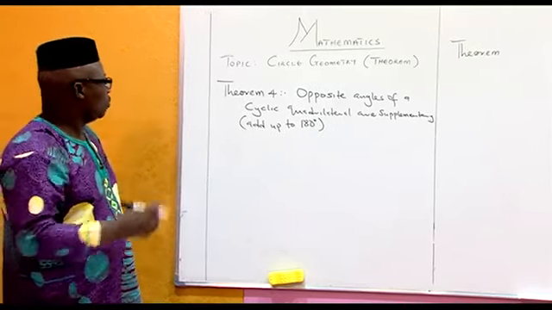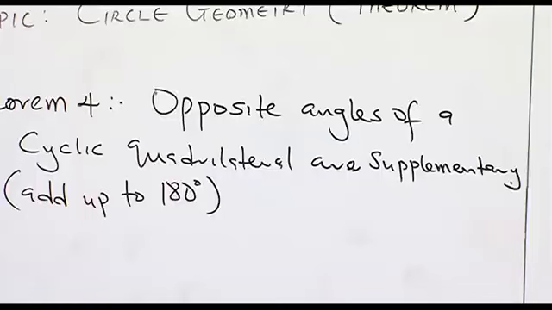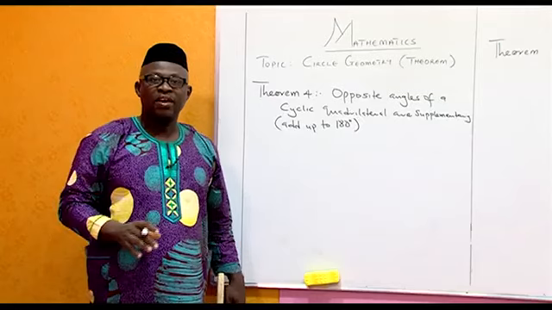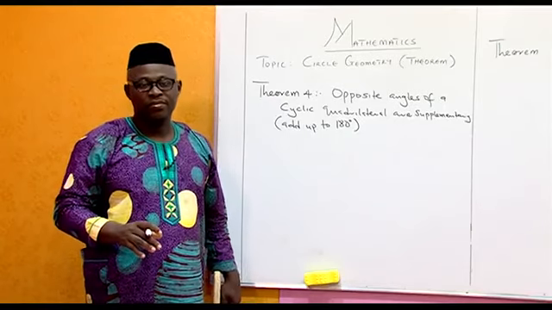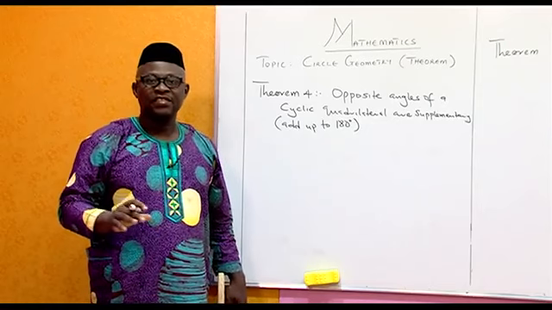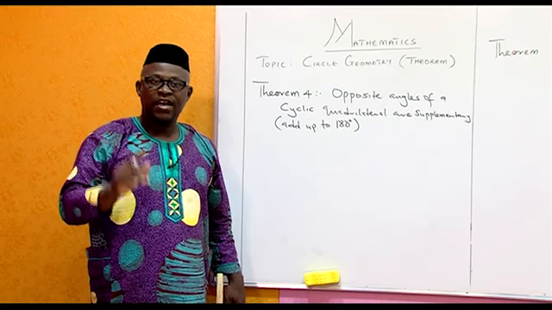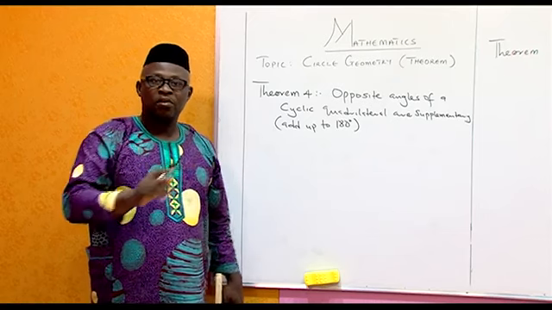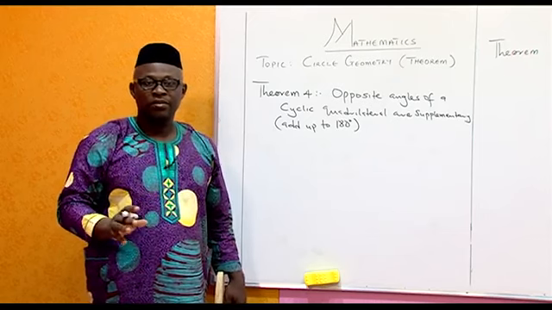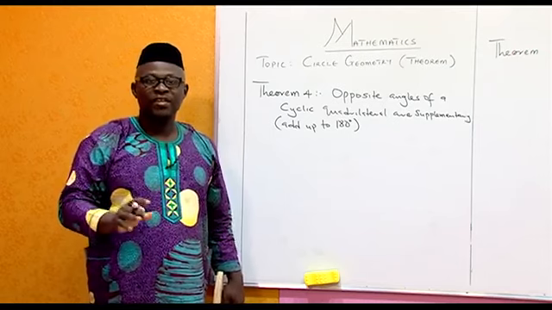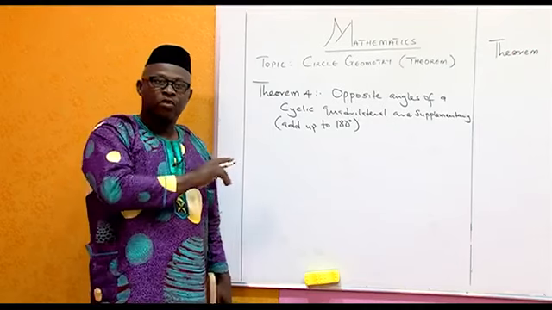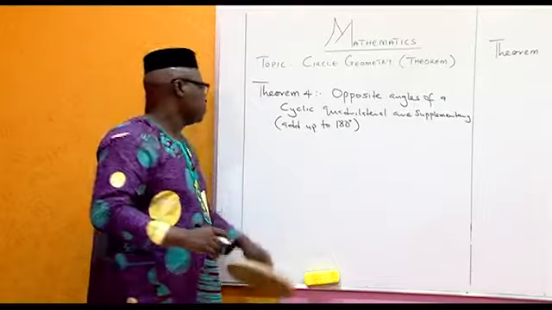Now, before I go into details, what is a cyclic quadrilateral? A cyclic quadrilateral is a quadrilateral that is inscribed in a circle such that all the vertices are on the circumference. If it is not a cyclic quadrilateral, this theorem will not work for it. So you have to ensure that you are dealing with a cyclic quadrilateral before you can apply this theorem.